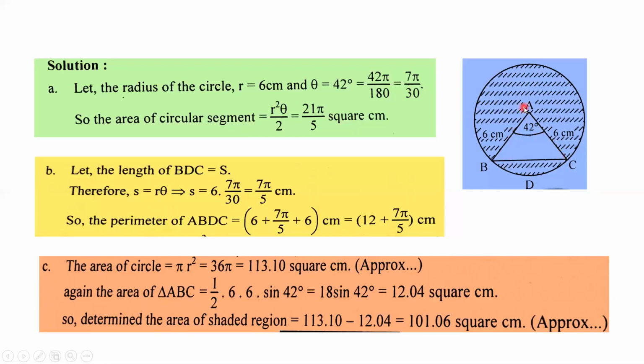So the area of ABC equals half into 6 into 6 into sine 42 degrees. Using a calculator, we get the area of triangle ABC equal to 12.04 square centimeters. Now subtracting this area, the shaded region is 113.10 minus 12.04, that is 101.06 square centimeters.